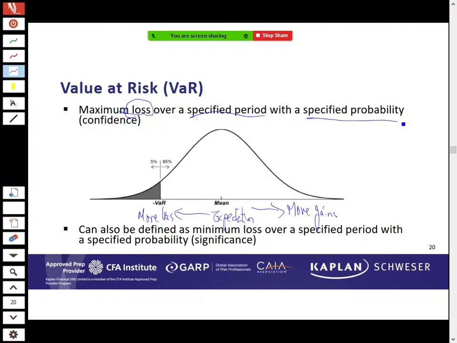And what is the probability that you say that is your maximum loss? Because when we come to risk measurements, we can never be 100% confident. Nothing is 100%, nothing is guaranteed, so we can only talk about probabilities. So that is the maximum loss over a specified period. It could be a day, a month.